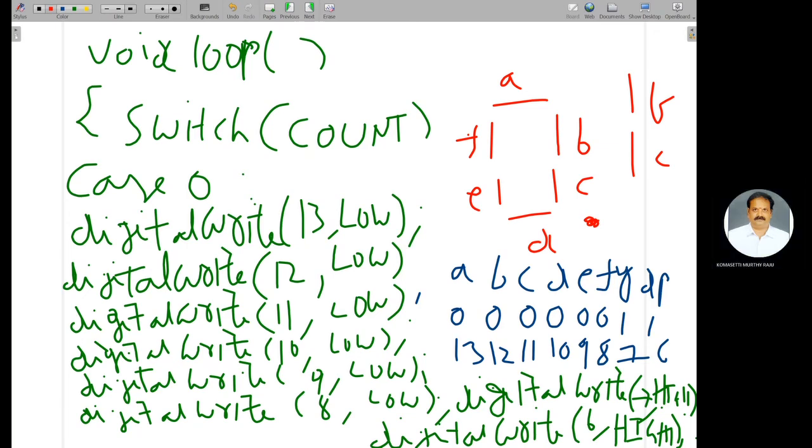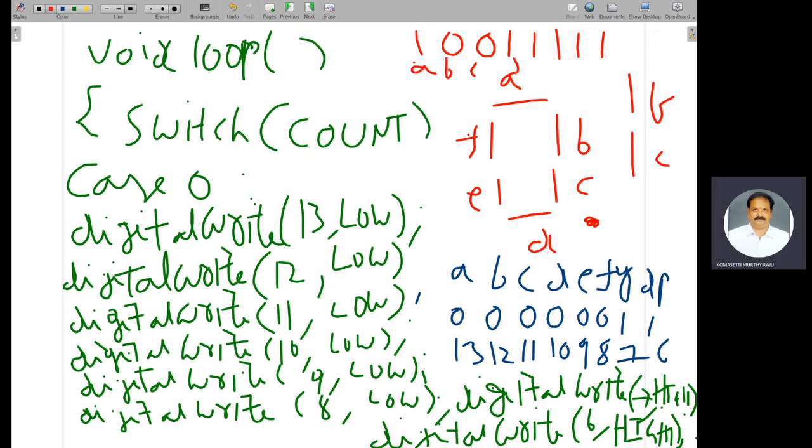That means A is high, B is 0, C is 0, and D, E, F, G, DP are high. Assign the segments A through G and the decimal point for case 1.